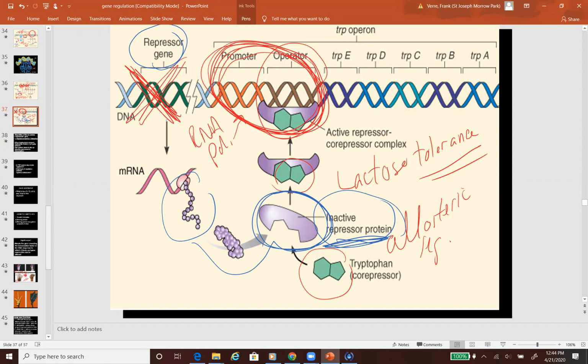So what happens then if the repressor gene is knocked out? That means no what? No repressor protein. What happens if you have no repressor protein? How would that affect the regulation of the trp operon? Here are your two choices.